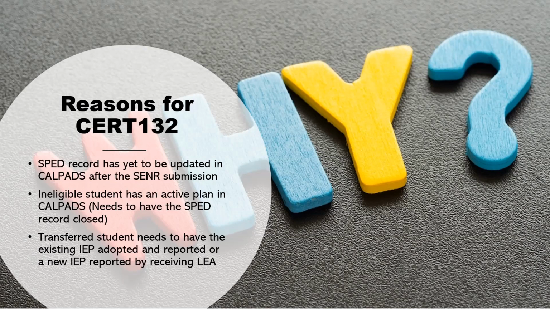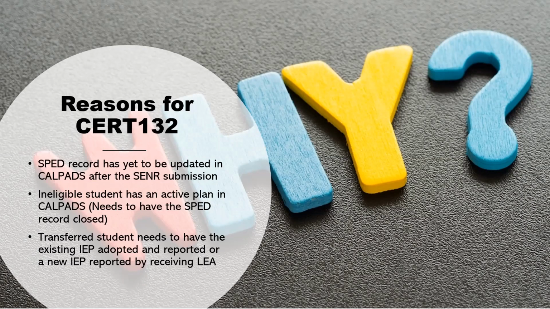And a lot of times this is because procedurally, you're waiting on an evaluation or a meeting for the student. You want to write a new IEP. What are you going to do in the interim? What are you going to do if it passes census day and you have yet to create a new IEP for the student?